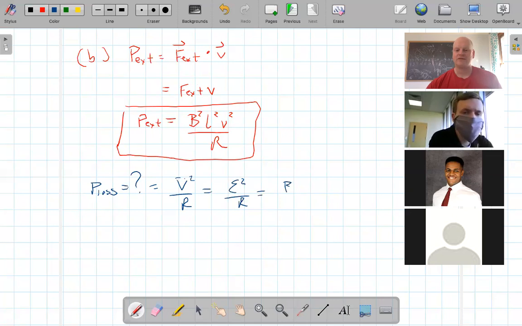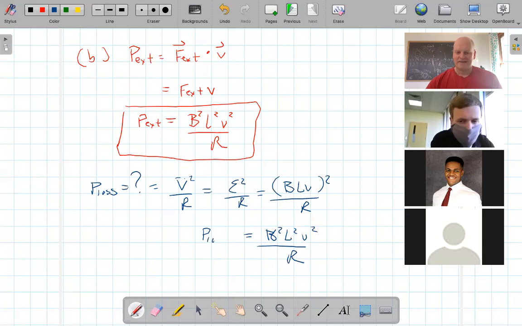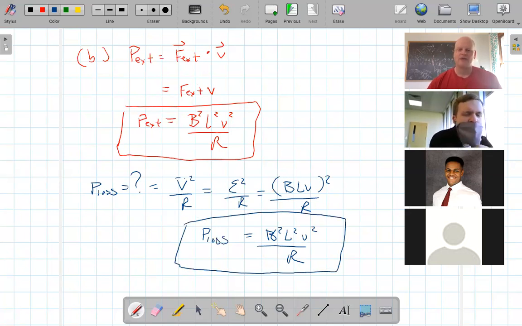The EMF we know is equal to B times L times V, so this is equal to B squared L squared V squared divided by the resistance. So just to illustrate something, as current is running through my system, the resistor, or in this case the rod, since it has a resistance, is losing energy due to the fact that it's moving in an external magnetic field.